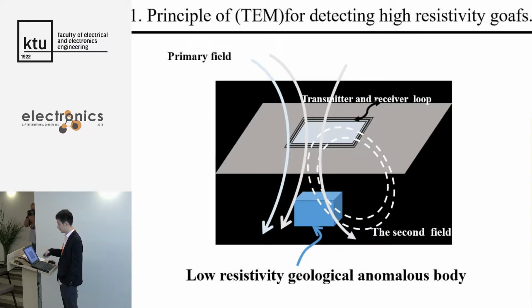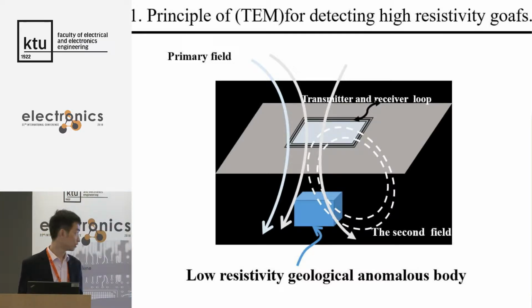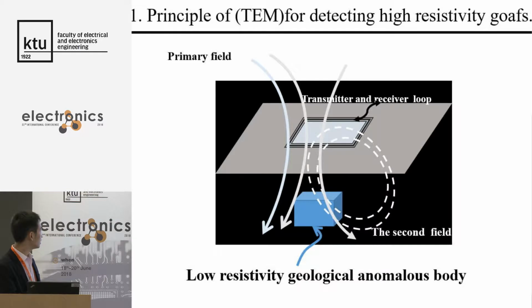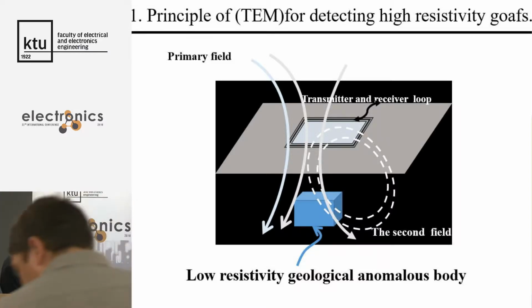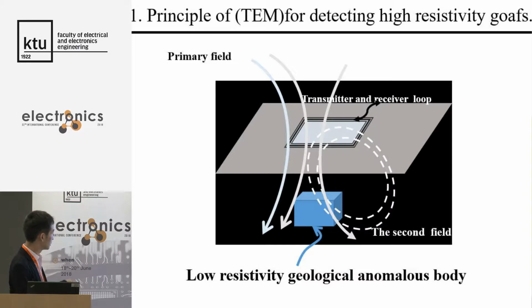This is the principle of TEM for detecting high or low resistivity goaf. This is the model. During the on time, the transmitter generates the primary field.